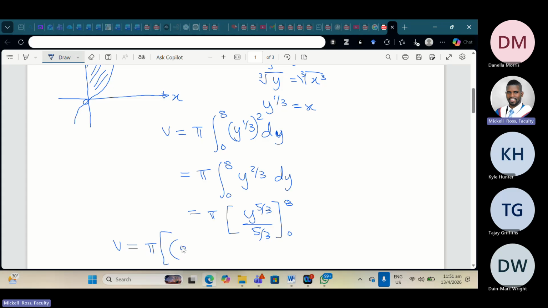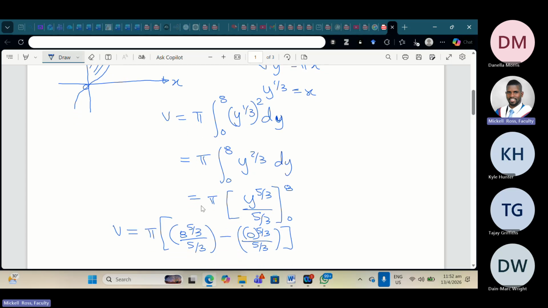So we're going to have 8 to the 5/3 divided by 5/3 minus 0 to the 5/3 divided by 5/3. And that is what we're going to get for our answer. So you can just go ahead now with your calculator and work this out, and then you will get your final answer.